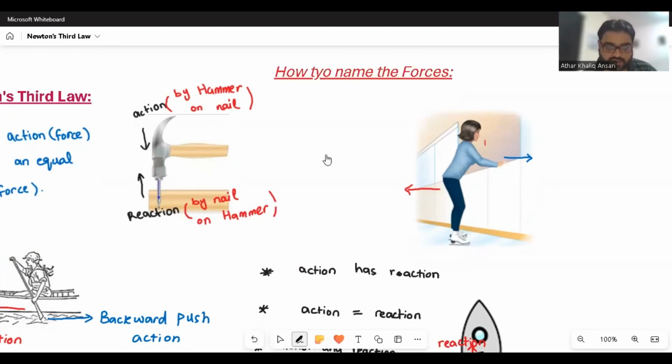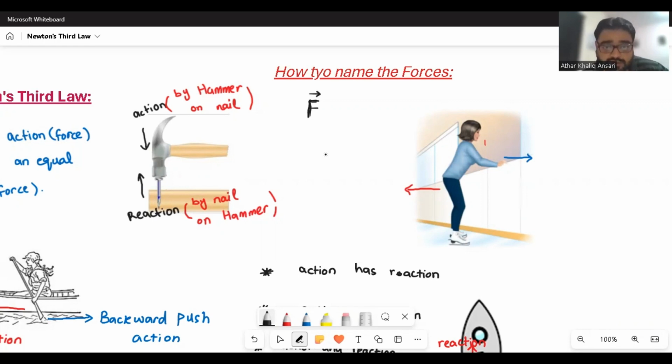Now we will understand how to name these action and reaction forces mathematically. First of all, these action and reactions are forces. So whenever these are forces, we will mention each of them with the letter F. Whether it is action or reaction, you have to write it as F. This arrow shows that F is a force and force is a vector.